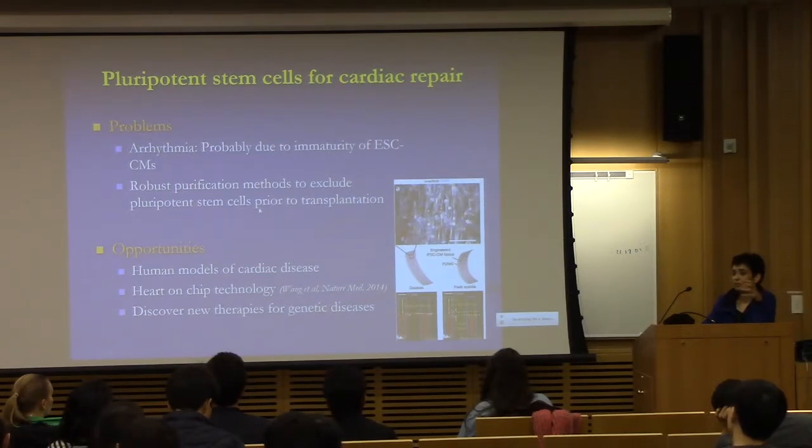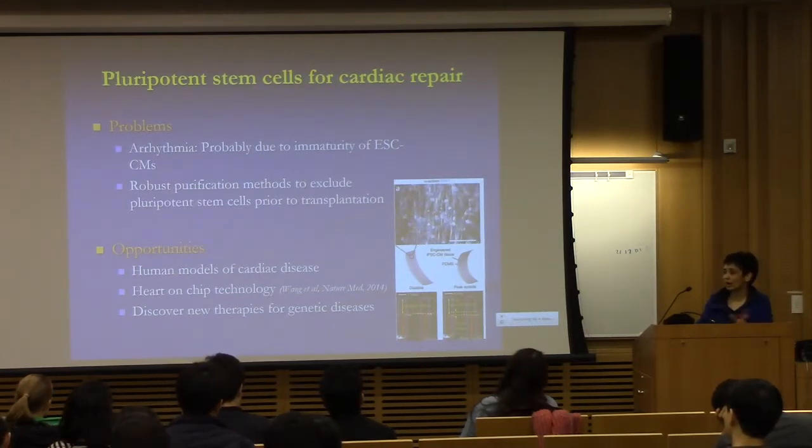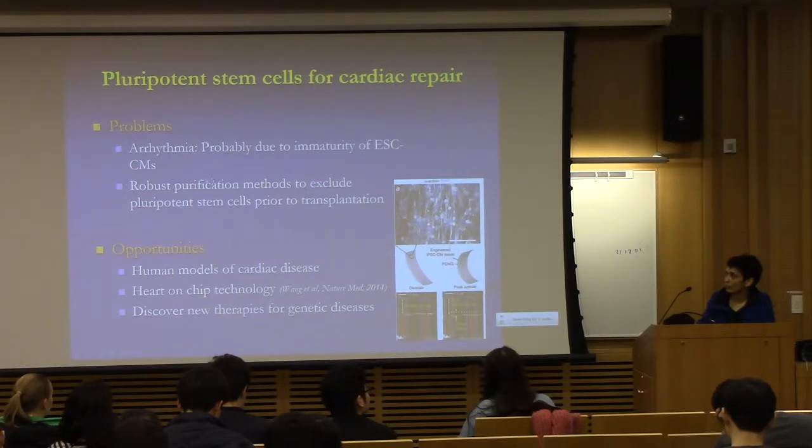Teratomas are tumors that have pretty much all germ layers, and you can see tooth, intestine, liver, all kinds of cells in these teratomas. And so purification is really important before you transplant cells.